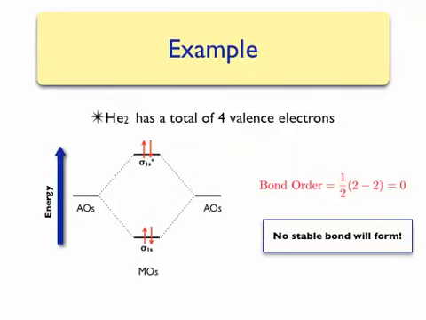We know that helium is a noble gas, and noble gases are typically unreactive towards other elements and with each other. Helium gas actually exists as individual helium atoms, not molecules like in the case of hydrogen. Therefore, our molecular orbital description of helium-2 corresponds to the behavior that we know about helium.